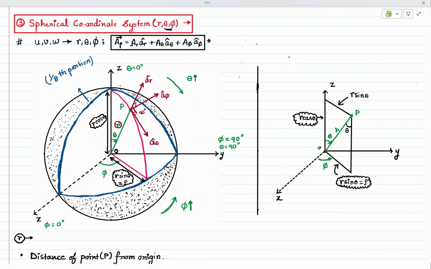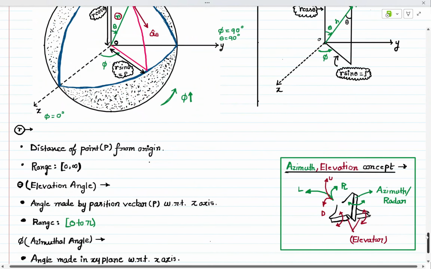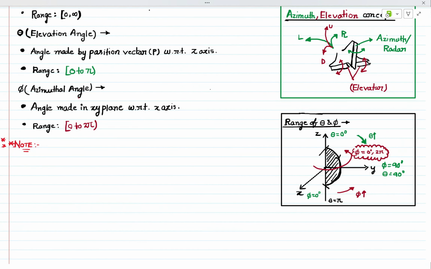The unit vectors of this r, theta, phi, or the spherical coordinate system, are orthogonal to each other because each of the unit vectors makes an angle of 90 degrees with another, right? So that is the note I am writing over here. That is nothing but the unit vector AR is perpendicular to the unit vector A theta, which is perpendicular to the unit vector A phi.